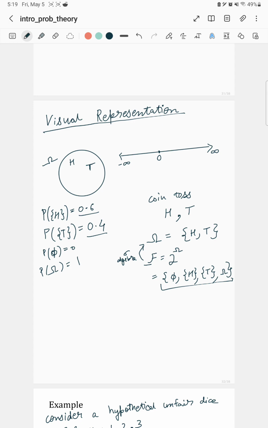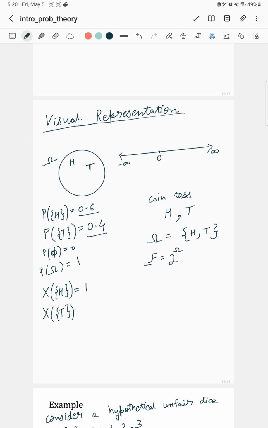Okay, now let's define the random variable x in our case. We define a random variable x such that when applied to heads it gives the value 1, and when applied to tails it gives the value 0.